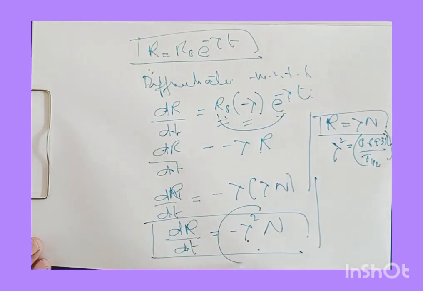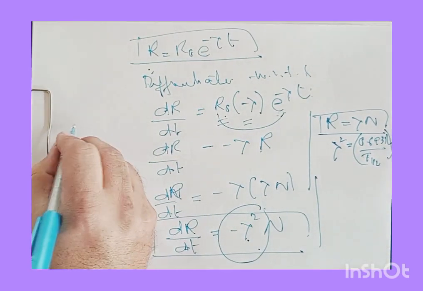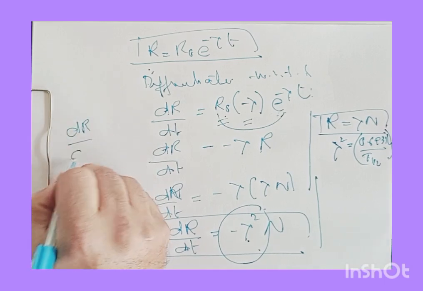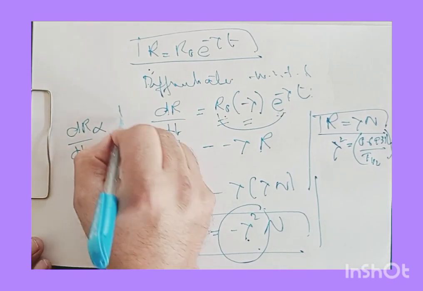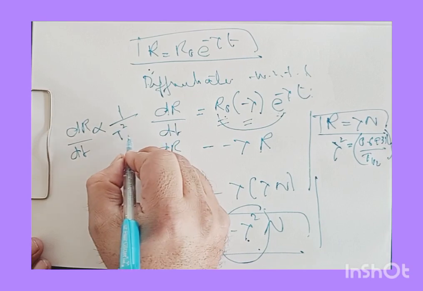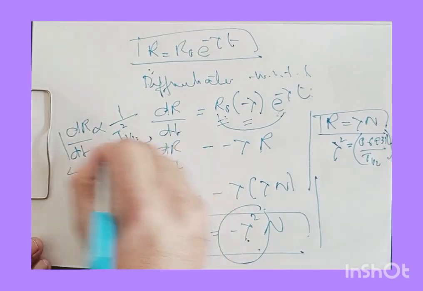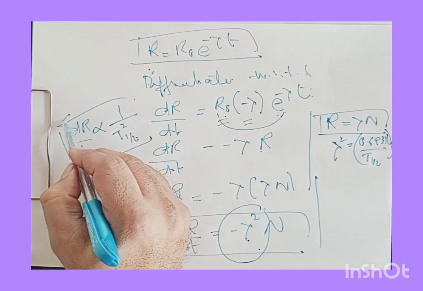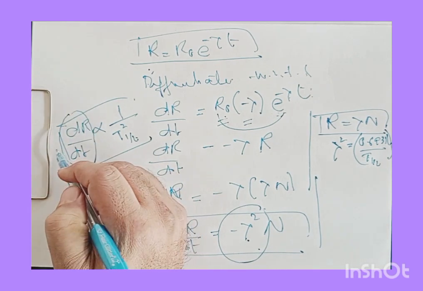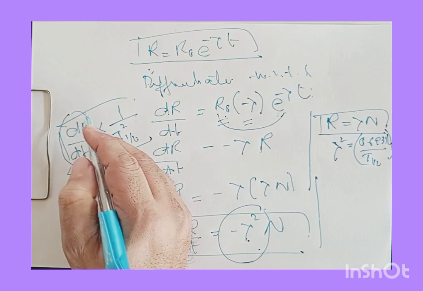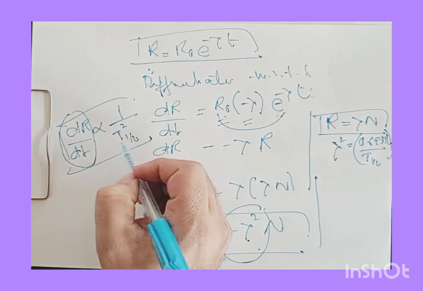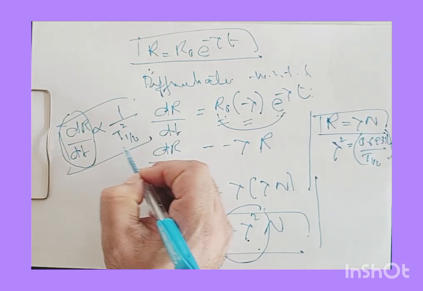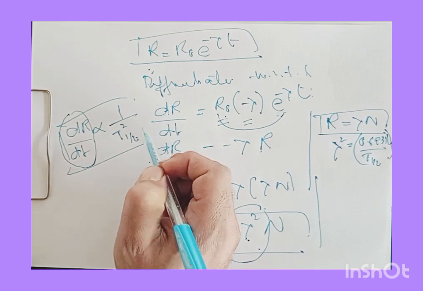If we use that here and take only the magnitude, then dR by dt will be proportional to 1 by t half squared. So what we find here is that the instantaneous rate of change of activity of a radioactive substance is inversely proportional to the square of the half-life.